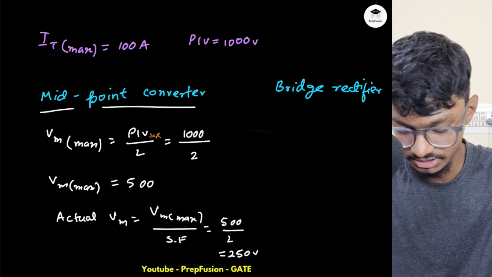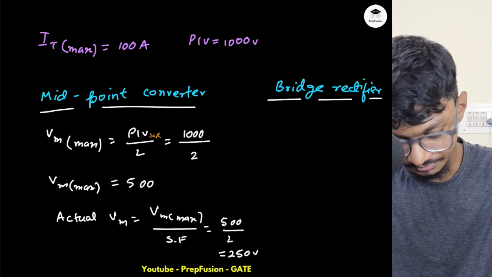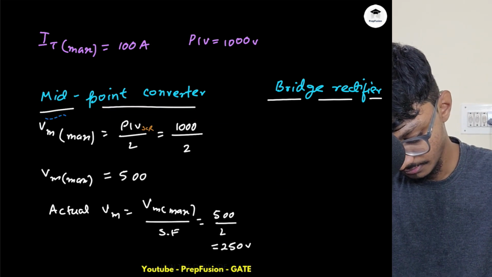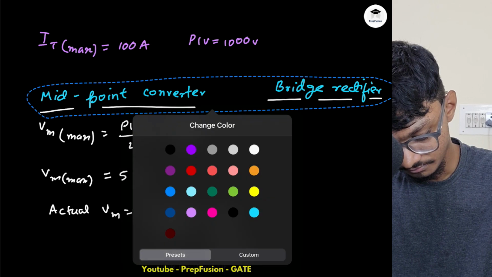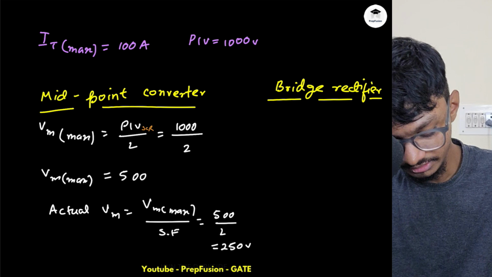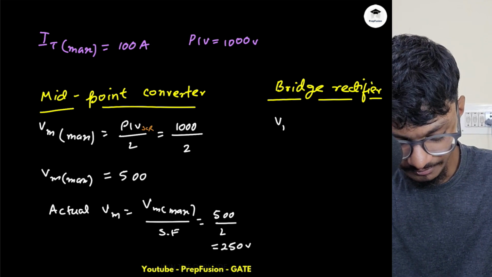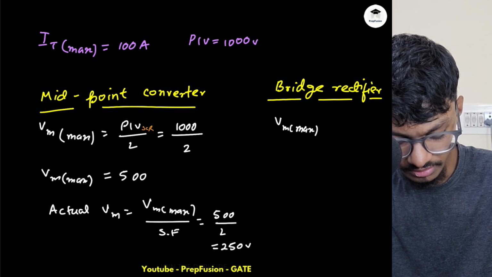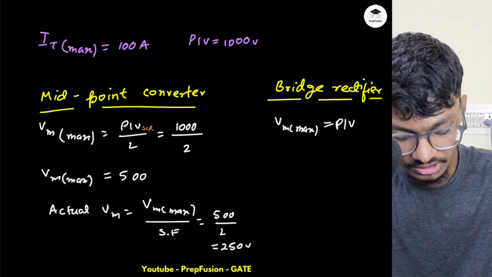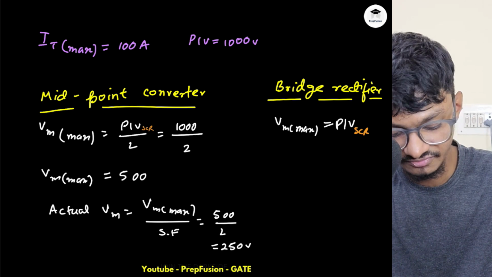But what about the bridge rectifier? For the bridge rectifier, VM maximum will be exactly equal to the PIV of the SCR, because that is how the bridge configuration is made.